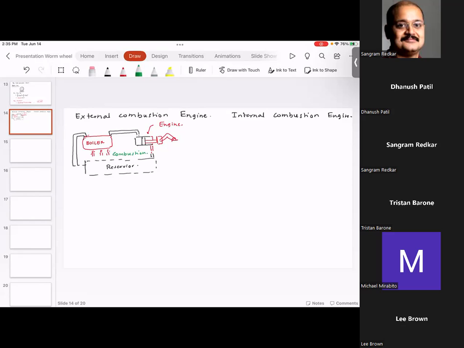That high temperature, high pressure steam gets expanded in this engine, and you have mechanical work, and then this mechanical work can do something like producing electricity if it is connected to a generator, or be used for locomotion like the steam engine. And what is the advantage of an external combustion engine? In an external combustion engine, there is no restriction on fuel.